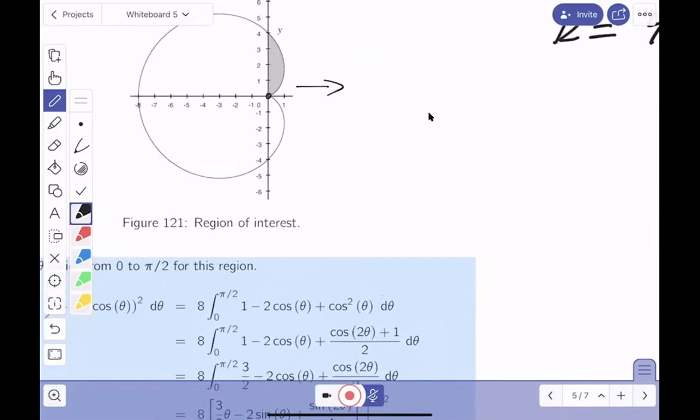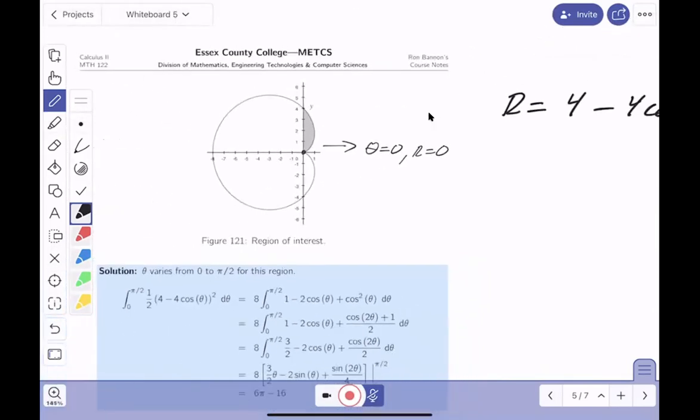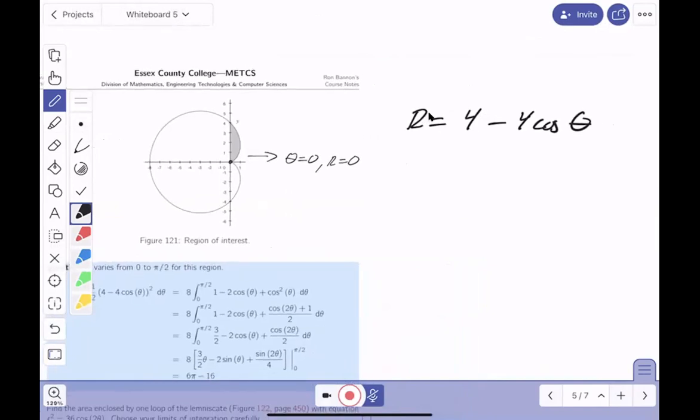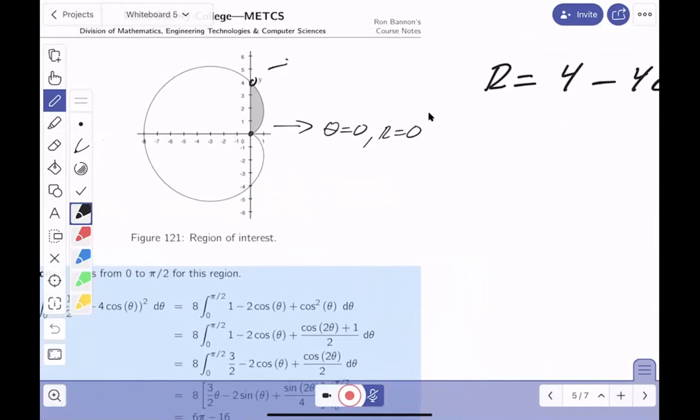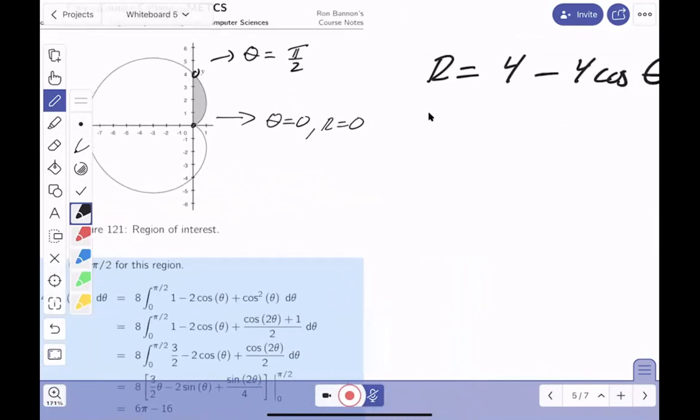So I'm going to say the r in the beginning looks like, I'm going to say theta 0 and the r is 0. Let's see if that's true. The picture's going to be deceptive. Well, if theta is equal to 0, you get 4 minus 4. Yeah, that looks pretty good. Now what's up over here? I'm going to say this probably is pi over 2. And what would you get at pi over 2?